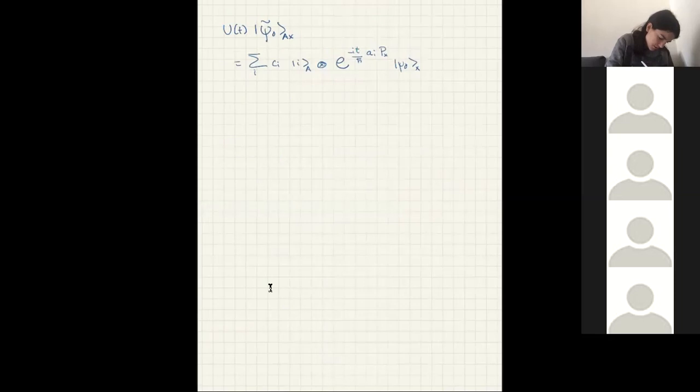So now we know that this is the sum over i, c_i, |i> on A, tensor.